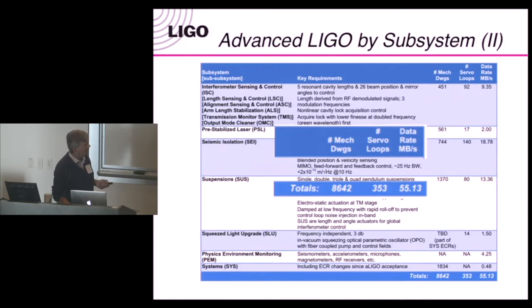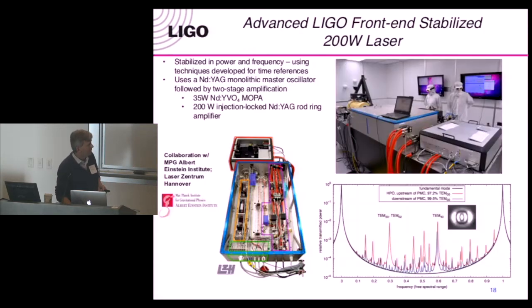And the data rate is 55 megabytes per second. So a lot of data comes off here. And I told you that the strain data, the HFT data, is only 16 kilohertz. All that extra data is what we call ancillary data. So we monitor everything in LIGO, so we know that the interferometer is behaving properly.